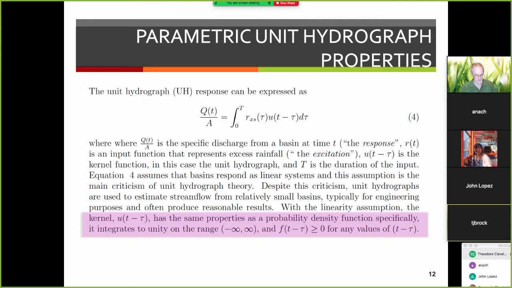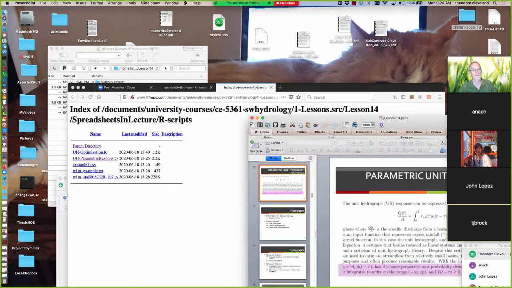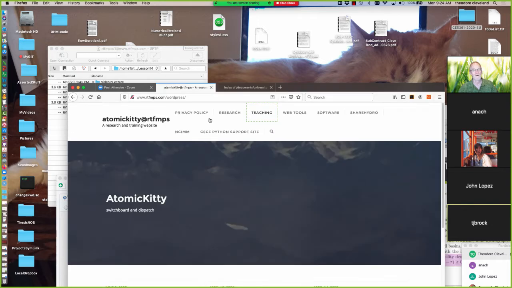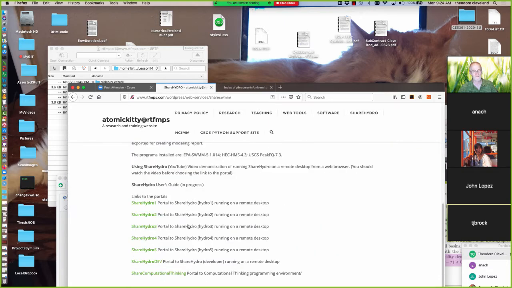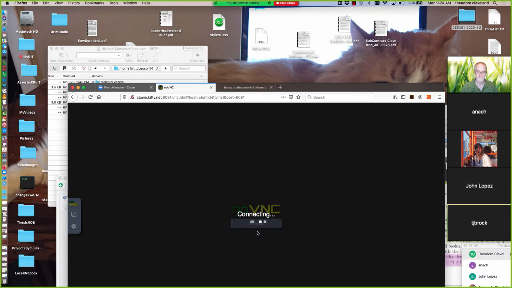Okay, so let's go ahead and visit these examples here online. And with any luck, I think I did it here in the development environment, but if not, we'll find out in a second.